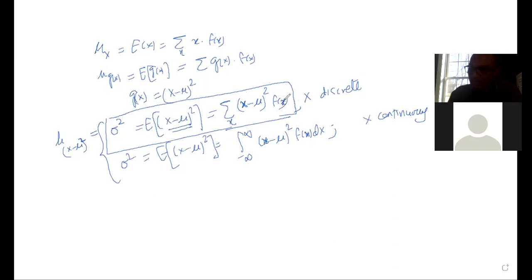So x minus nu is called the deviation of an observation from its mean.